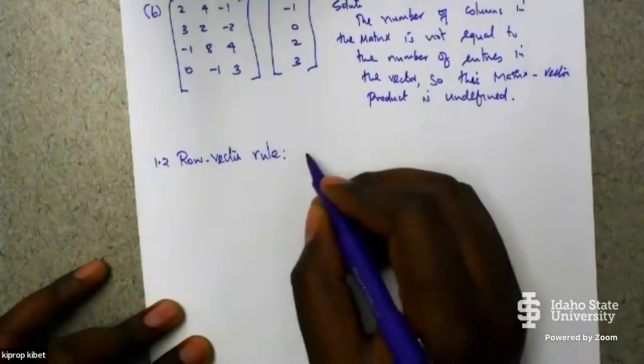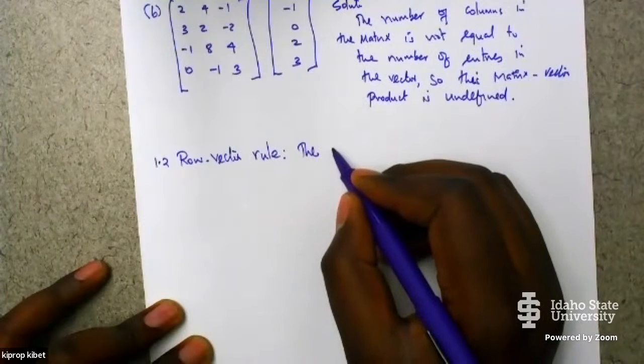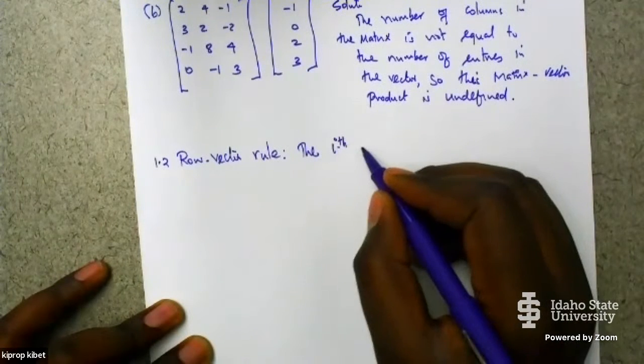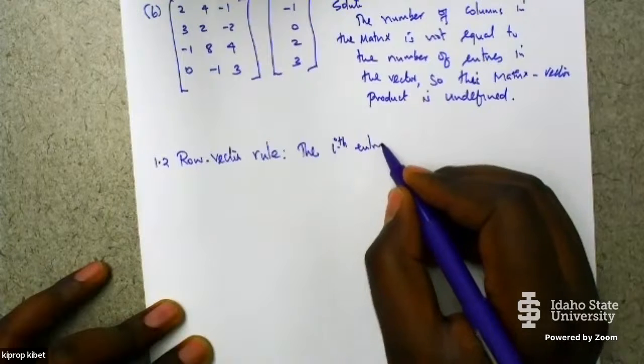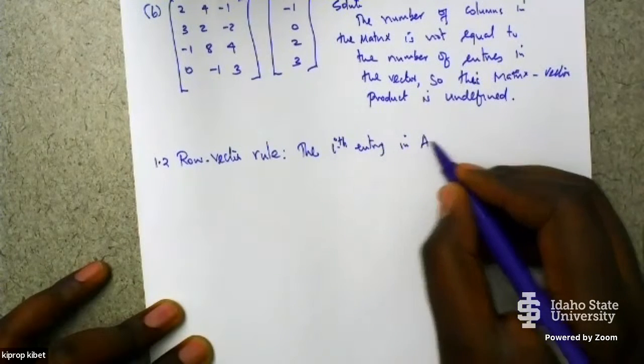So let's see. We can write the I entry in Ax.